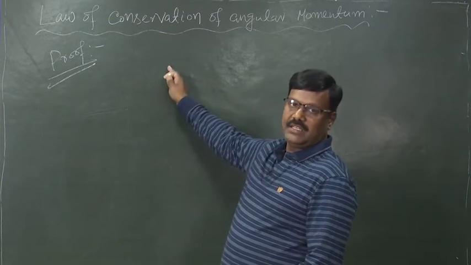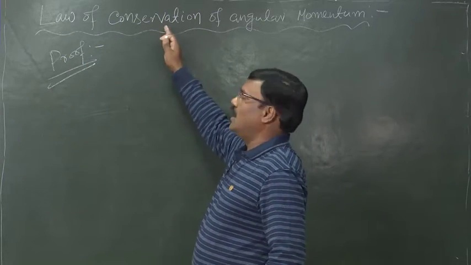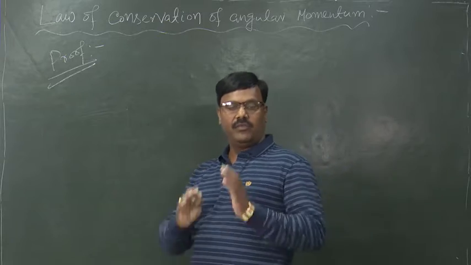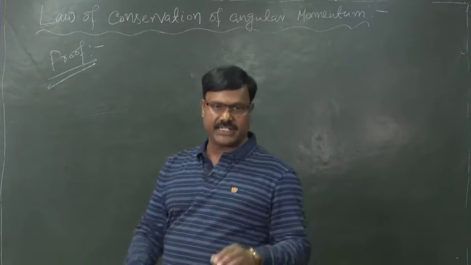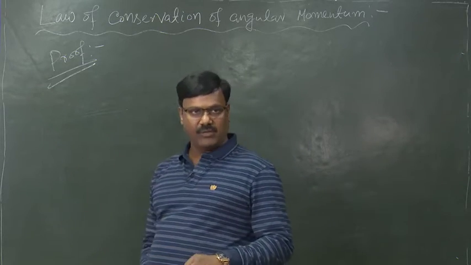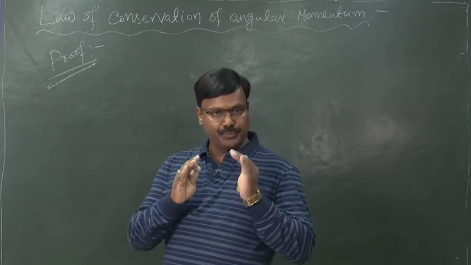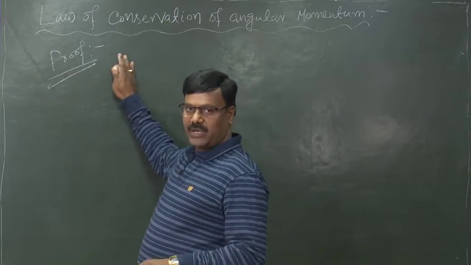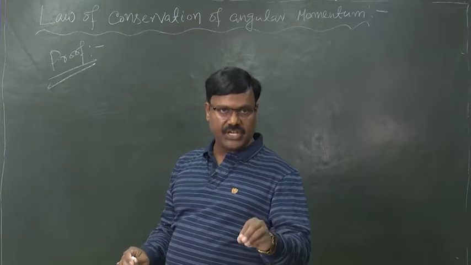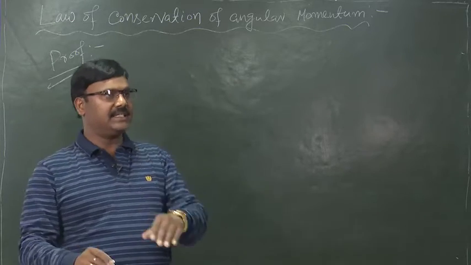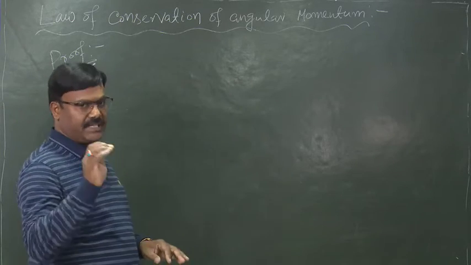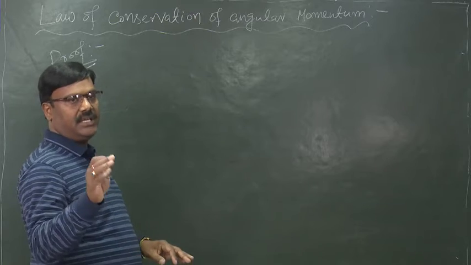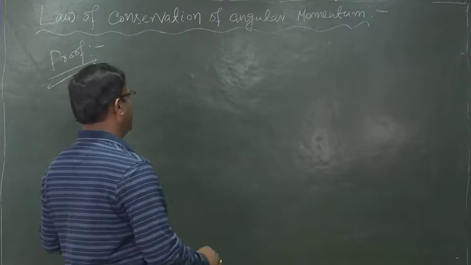Our duty is to state and prove the law of conservation of angular momentum, for which we have already stated the law. To prove it, let us consider a system of particles from which we can consider the ith particle of the system.